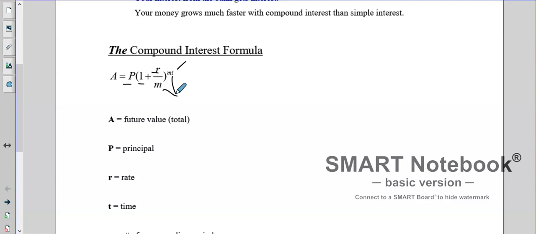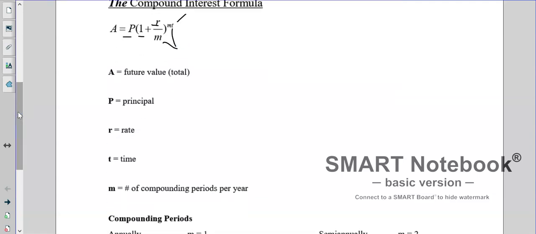I think that's just a typo because it's usually N. Doesn't really matter. It's just a variable. But it's the number of compounding periods. Okay? So, again, I usually use N, but it doesn't really matter.